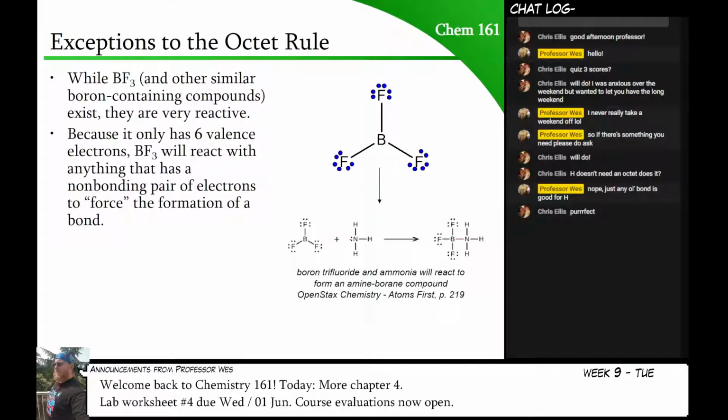If I take something like ammonia and I do this to it, then boron will say, hey, I'll form a bond with you. I'm not sharing any electrons, though. I don't have any. And nitrogen says, well, that's fine. I have 2. And you create this sort of structure, as shown on the right. It's called an amine borane. Amine boranes are quite reactive, and then, well, they react with each other quite well. And then the result is very interesting.